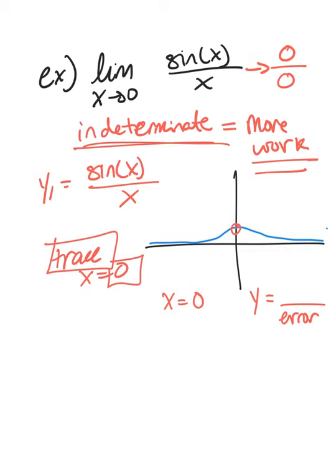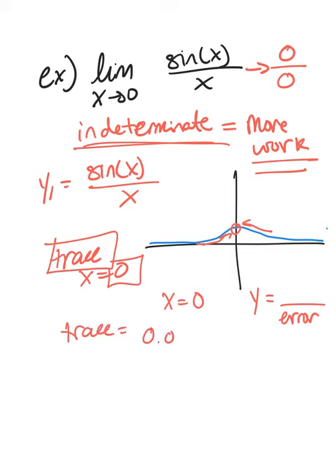Well, the more work, remember, this is a limit. It's as it's getting closer to 0. So you guys have to pick things in your trace button as you get closer and closer to 0. So maybe you do traces of numbers close to 0. Here you go.